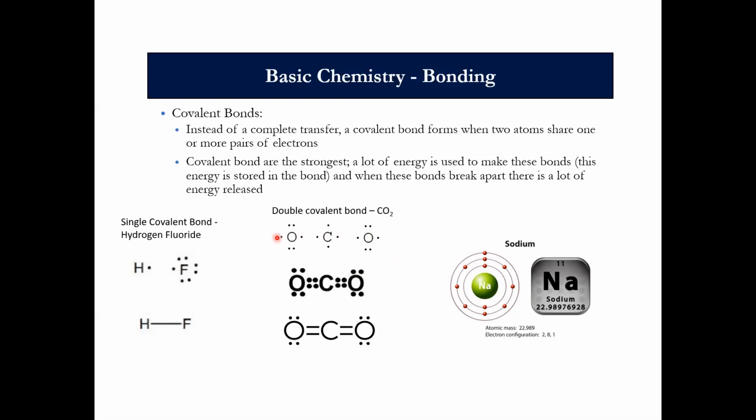So just move this one over here, this one over here, and this one over here, and as you can see, it forms these double bonds. These are sharing those electrons, and this is depicted by these 2 lines. This is an example of a double bond. A double bond is stronger than a single bond, but it is not as stable. Same goes for a triple bond. A triple bond is stronger than a single bond, but it is the least stable.